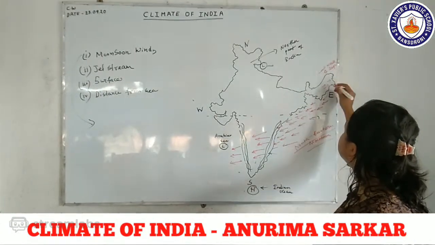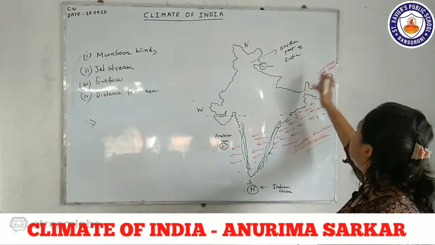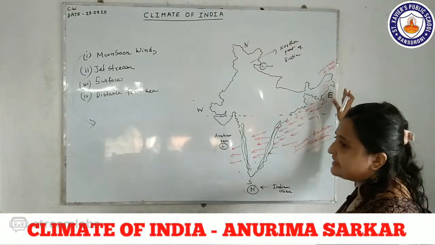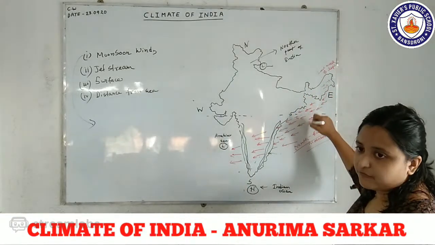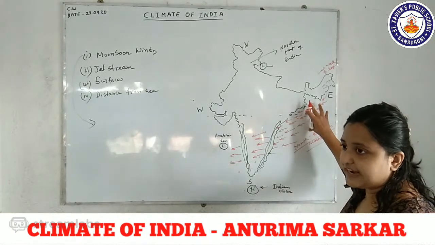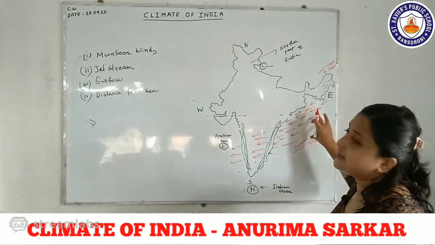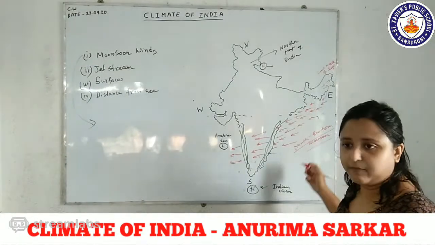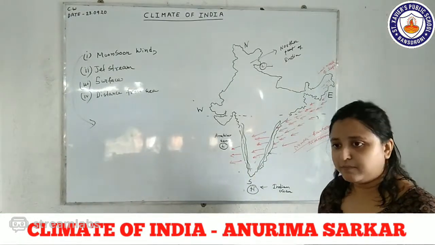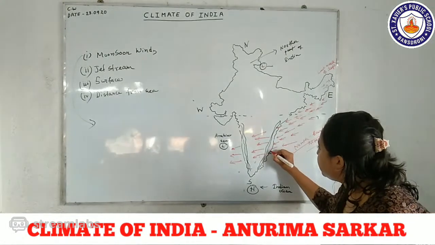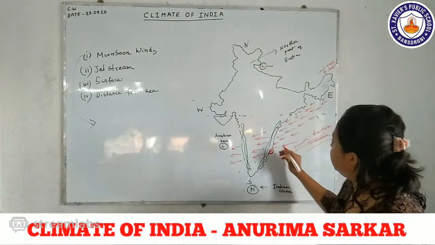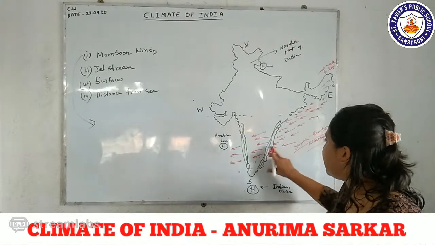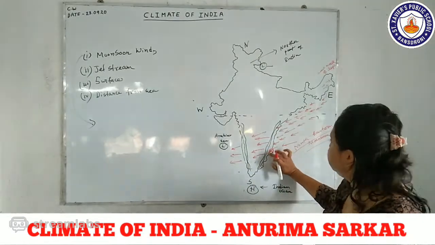When the northeastern monsoon is coming from the northeastern part of the Indian subcontinent, there is a major ocean. We know that the Bay of Bengal is in that part. So when the monsoon reaches the Bay of Bengal, it receives some moisture from the Bay of Bengal, and it becomes powerful. There is one coast which covers that part of the eastern coast of the Indian subcontinent.